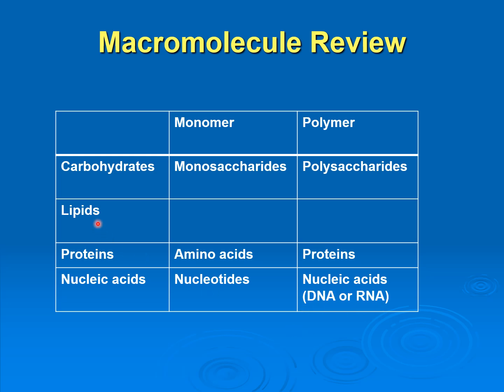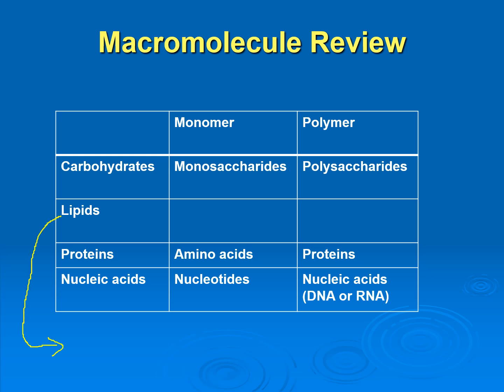For the lipids, remember that they don't have one particular monomer because it's such a varied group. So there's really no polymer for the lipids. They are a macromolecule, but there's really not a polymer for the lipids because they're such a varied group.